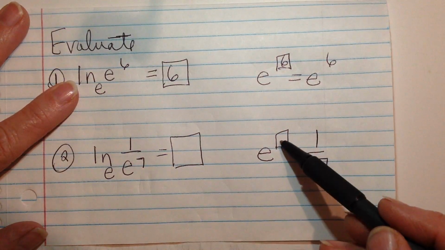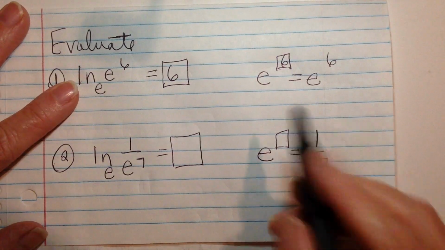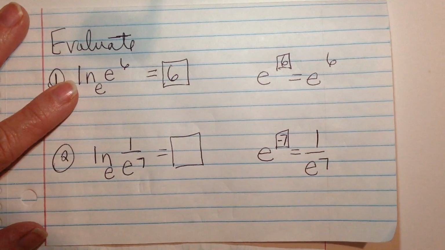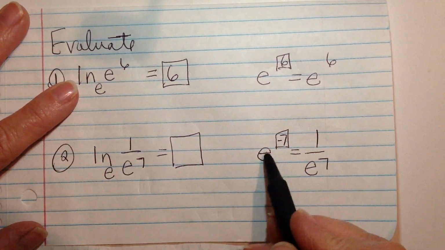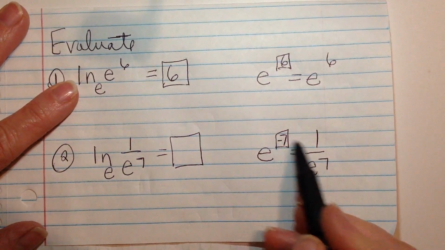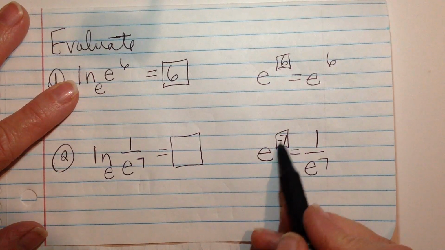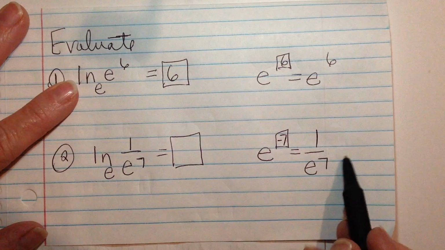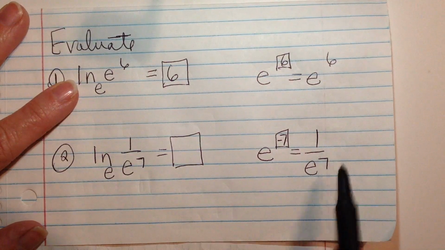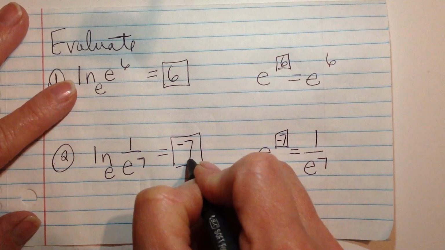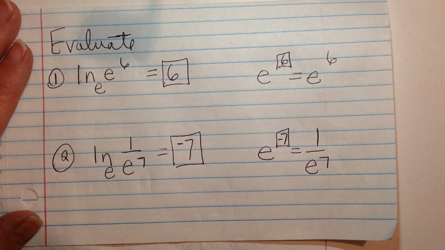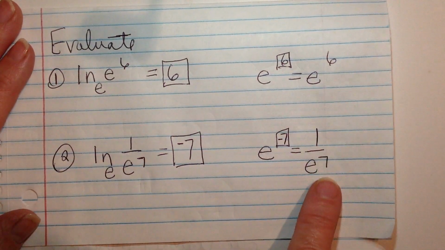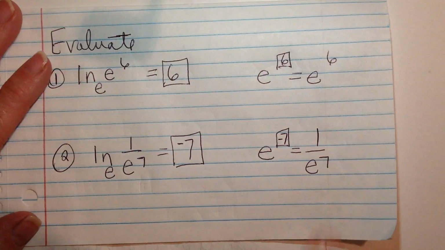My exponent needs to be negative 7 because e to the negative 7 would come down to the denominator because of the negative exponent, leaving only the 1 in the numerator. So the exponent here would be negative 7. E to the negative 7 equals 1 divided by e to the 7th.